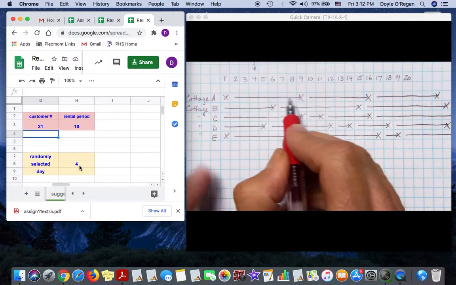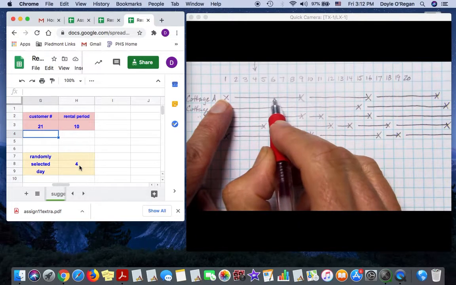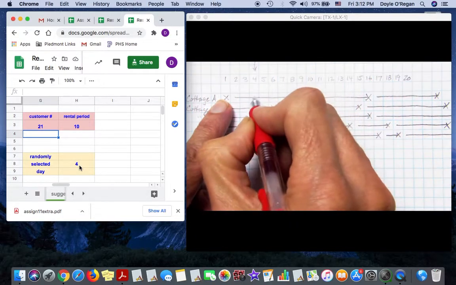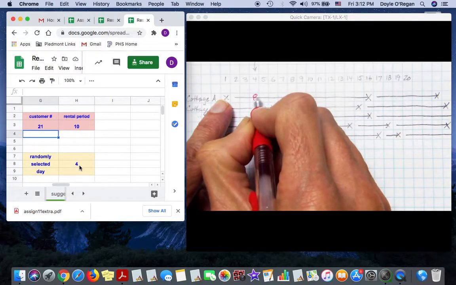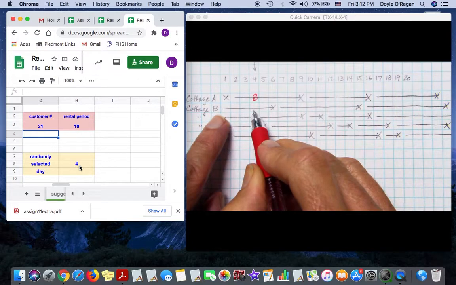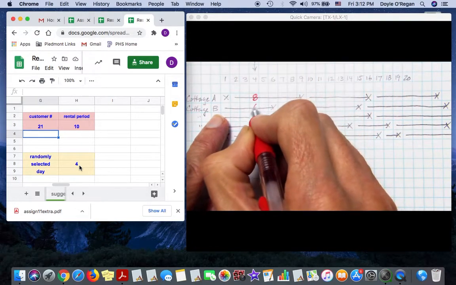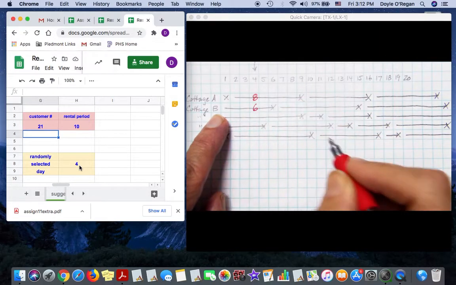So this customer right here is on a 1, 2, 3, 4, 5, 6, 7. That person's on an 8-day reservation, 8-day stay. In cottage B, this person is on a 6-day stay.